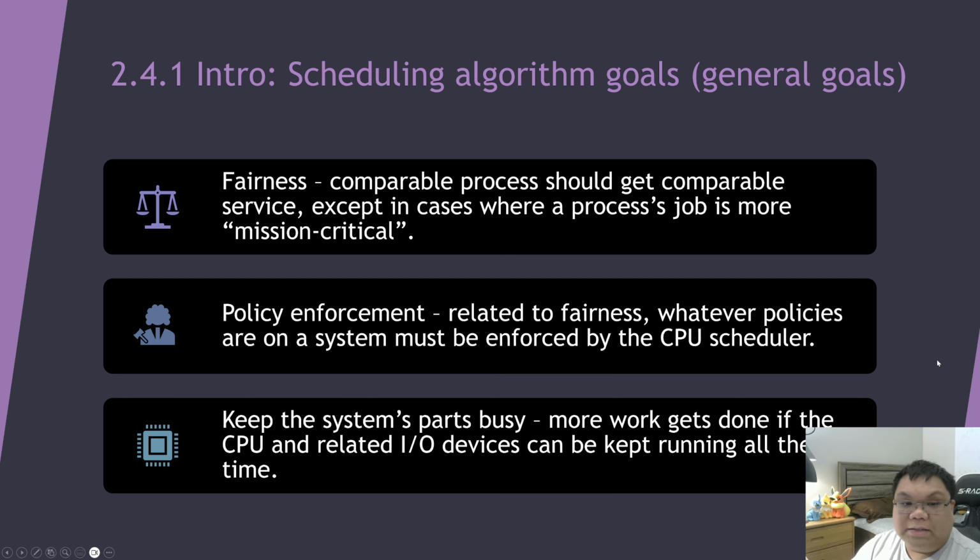Fairness: comparable processes should get comparable service, except in cases where we have a high priority process. It's not uncommon to have such processes. Sometimes you're going to have idle processes wasting space, so whatever resources they have, you can just deallocate them. If these are processes that aren't doing anything, you can save their state onto the disk. And then the memory that you have freed up that way, you can reallocate it to processes that need that memory.